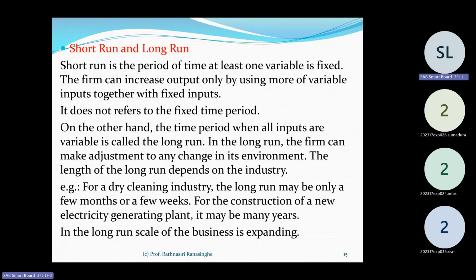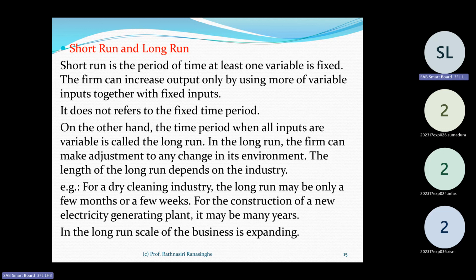In the short run there are diminishing returns to the variable factor proportion, whereas the long run production process is subject to returns to scale, as the business is expanding. That is the variability of the factors of production, so we can explain it.